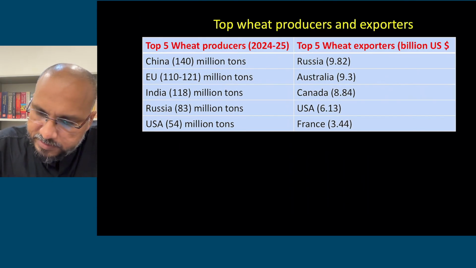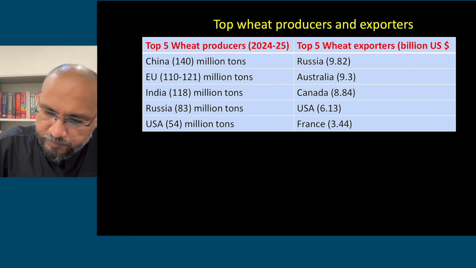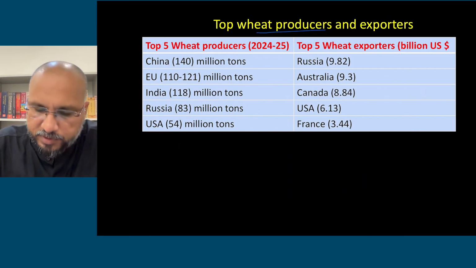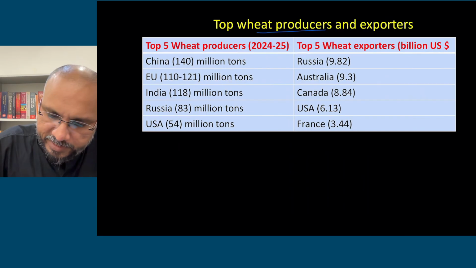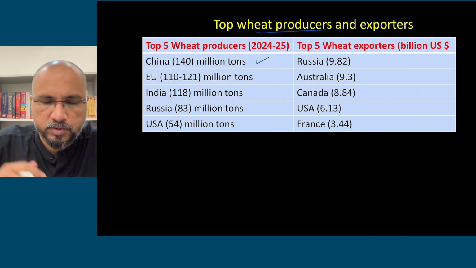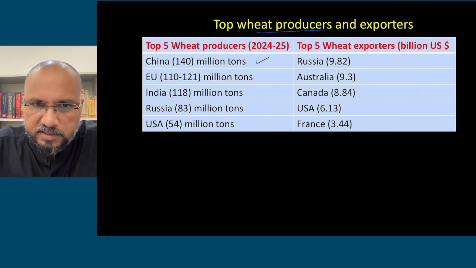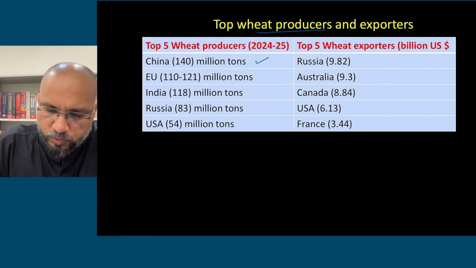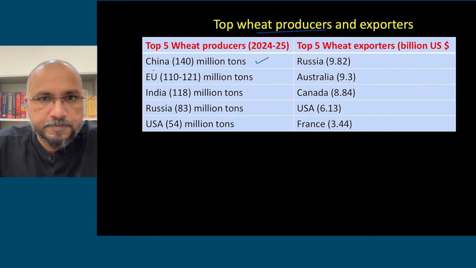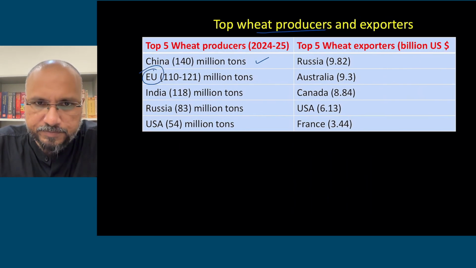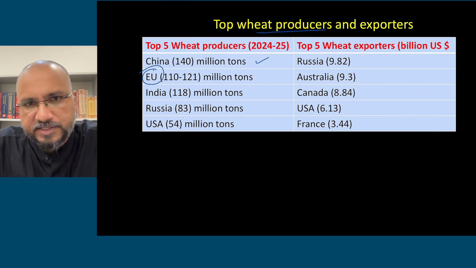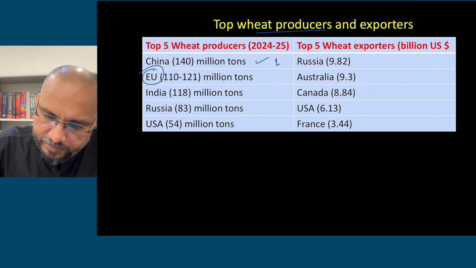The second one is wheat. Top wheat producers and exporters. China is the largest producer of wheat, and there is a large gap between the first and second rank. After China, second rank goes to India.